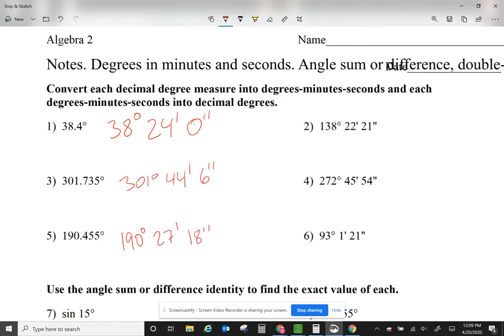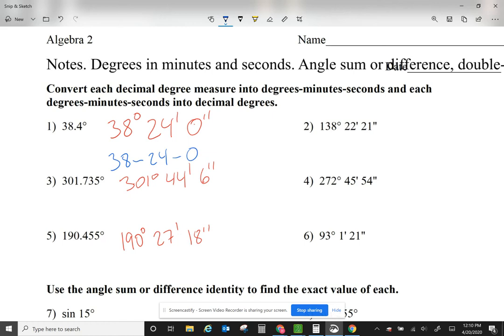Now, our question might be, how am I even going to type this? I don't know how to type the degree symbol. So let me go in blue. The way I'm going to have you type it, because we don't have the degree symbol, I'm just going to go 38 space 24 space 0. That means 38 degrees, 24 minutes, 0 seconds.